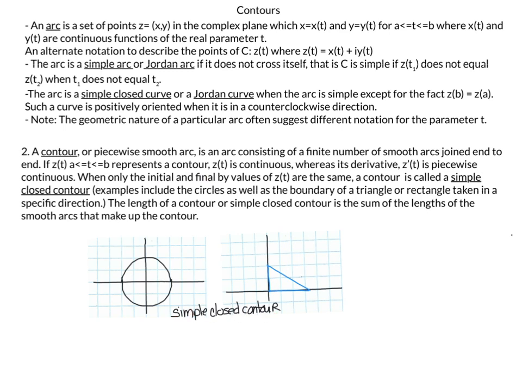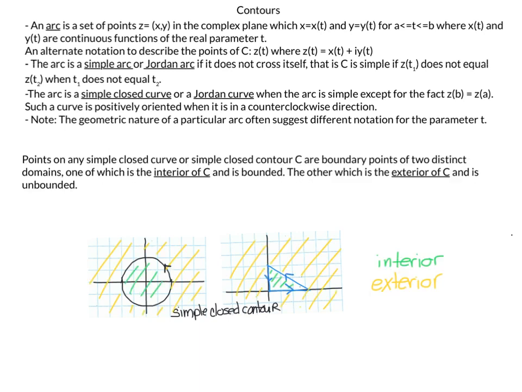When only the initial and final values of z of t are the same, the contour is a simple closed contour, and examples include the circles, as well as the boundary of a triangle or rectangle taken in a specific direction. The length of the contour or simple closed contour is the sum of the lengths of the smooth arcs that make the contour.